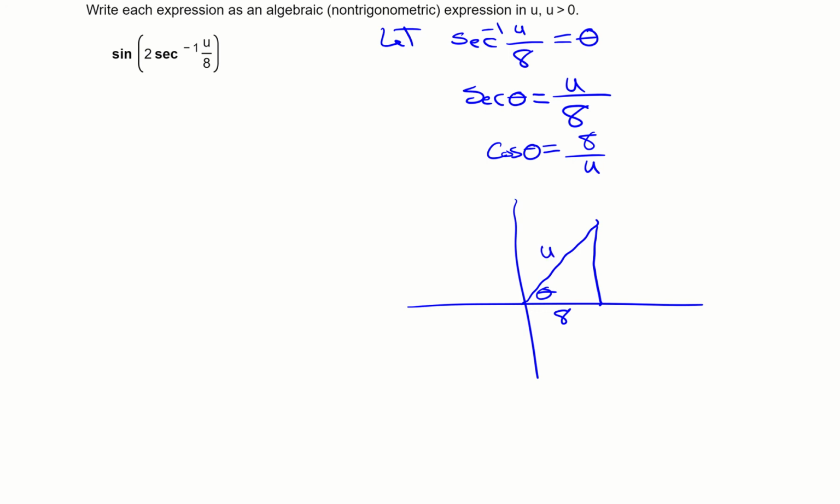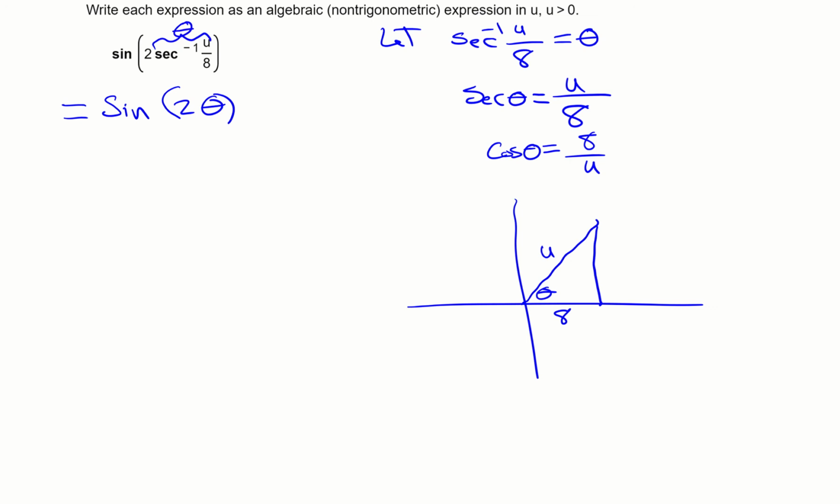So we will want to go ahead and find what this opposite side is, because if we go back to our original expression, notice now we can say that it's sine of 2 theta, correct? Because remember, we called this item here theta.